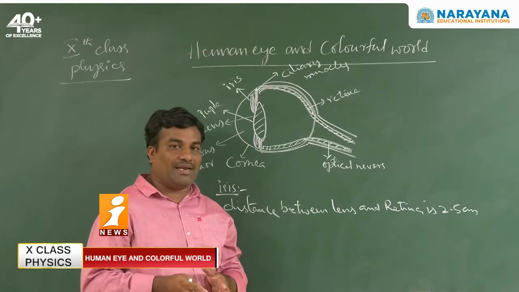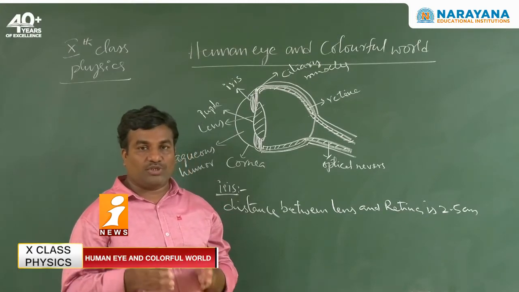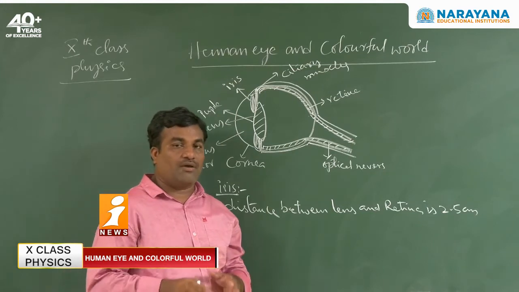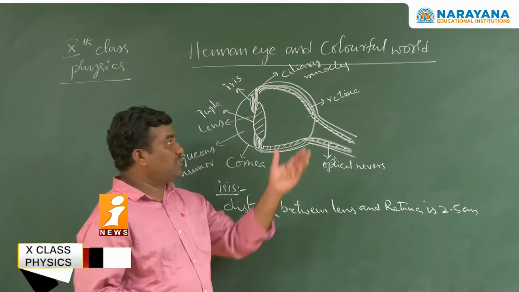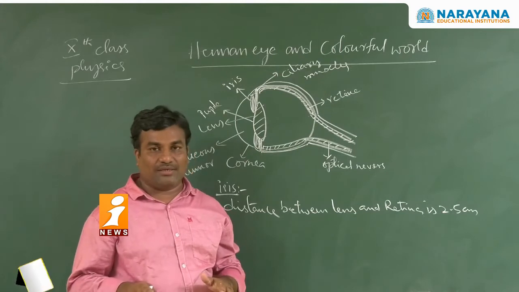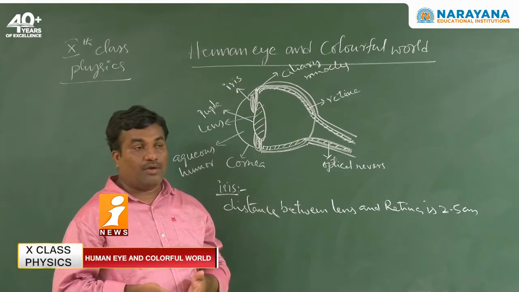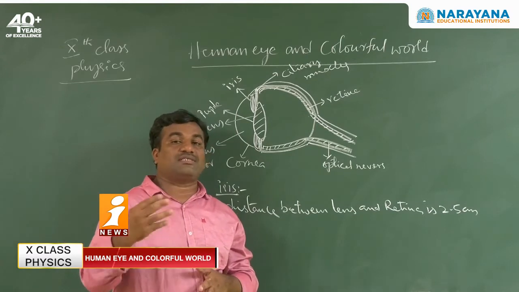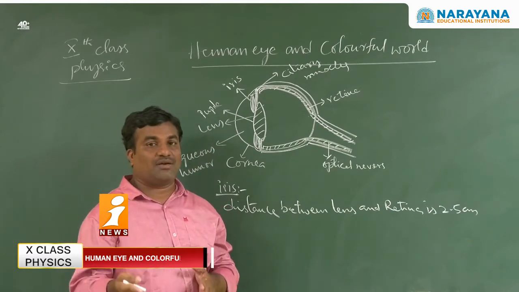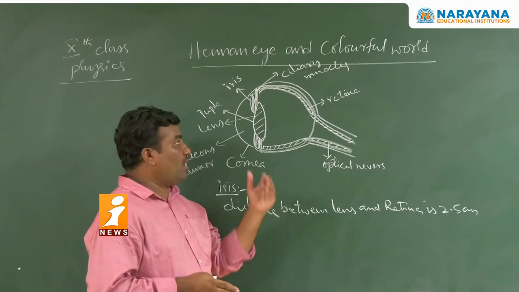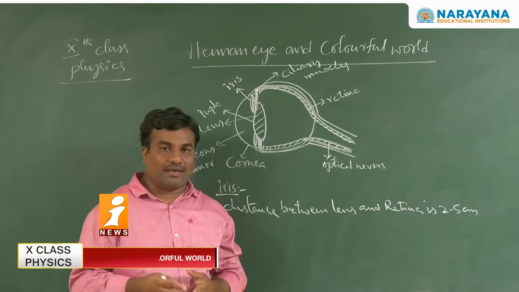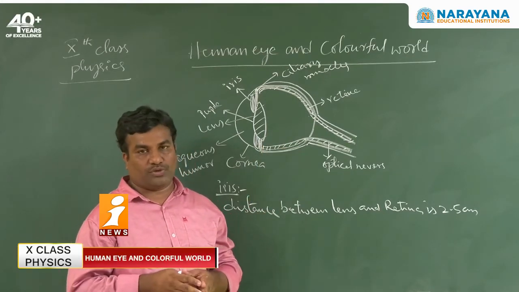That's why we can see the image of the object on the retina very clearly. So the focal length is maximum when we focus on long-distance objects.